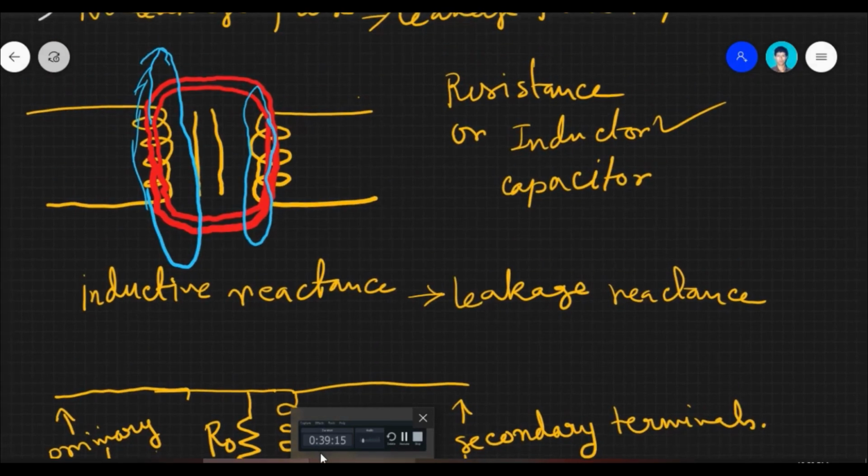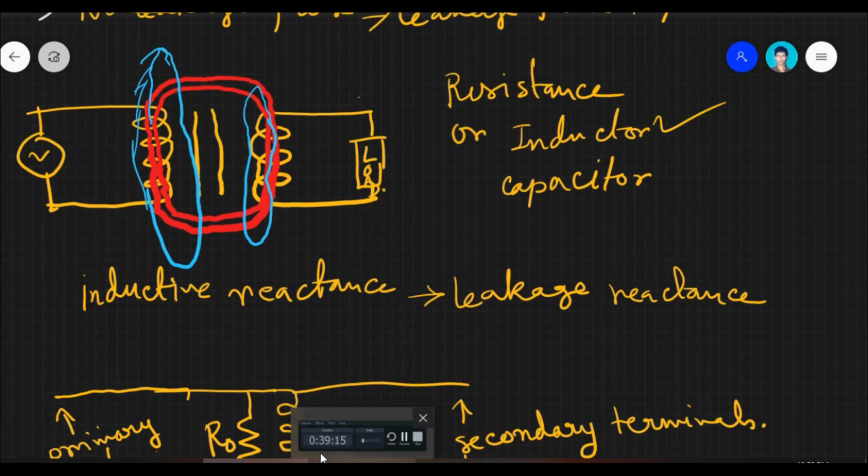So here you have connected your source and your load, but there is some leakage. Now this leakage flux will surely cause a reduction in your induced EMF.